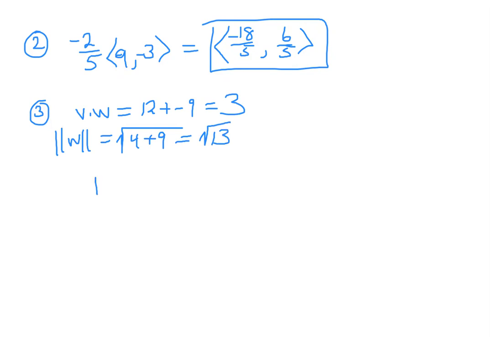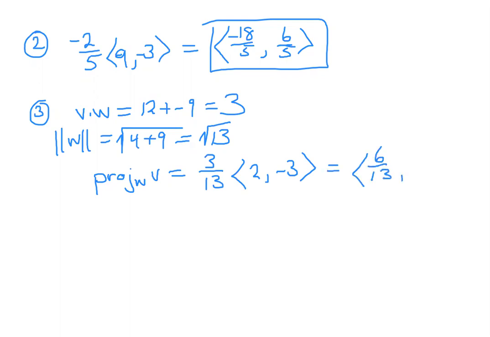So the projection of V onto W is 3 over 13 times the vector W, which is 2, negative 3, which equals 6 over 13, negative 9 over 13. And since these vectors were written with i's and j's, if you wanted to write them with i's and j's, it would be 6/13 i minus 9/13 j.